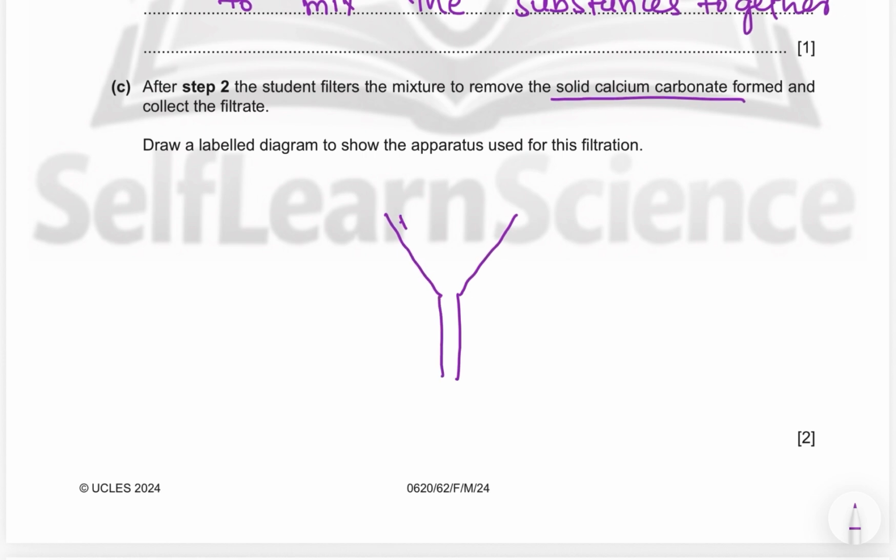Okay, it is lined with a filter paper, and here you can show some kind of solid. Okay, and then you have your conical flask with the filtrate.